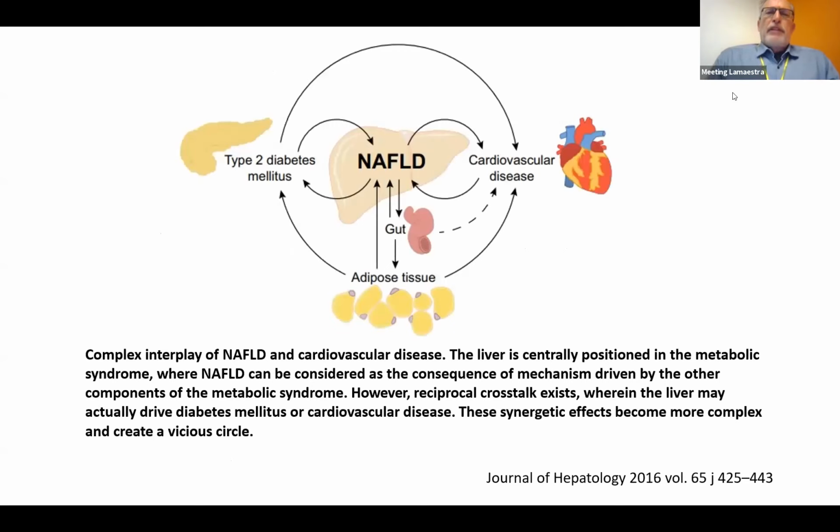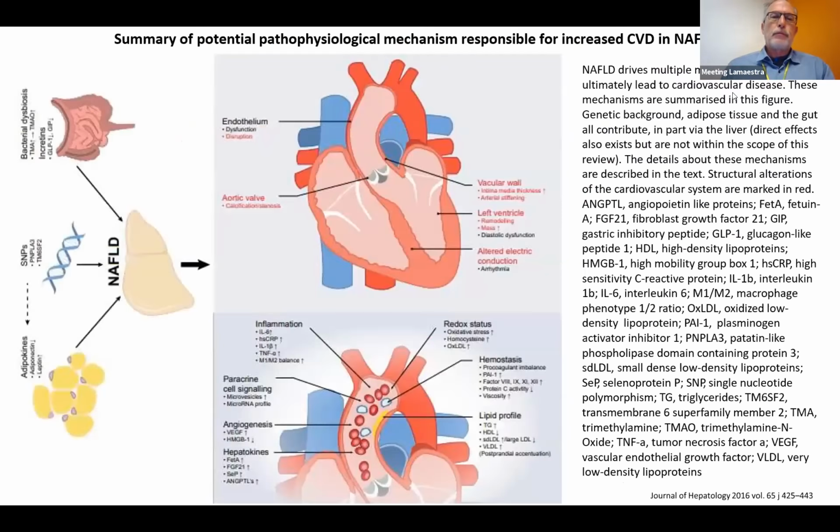This is a display that just gives you a nice cartoon about the fatty liver interacting with the gut, muscle, cardiovascular disease, and the pancreas, and of course, peripheral insulin resistance. There's another summary. The left side's a little bit tilted sideways. It talks about SNPs, dysbiosis, adipokines.